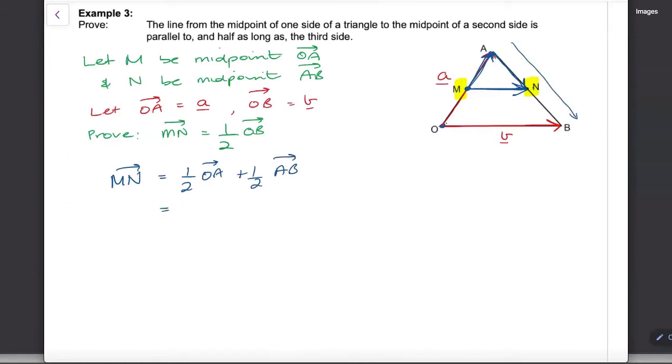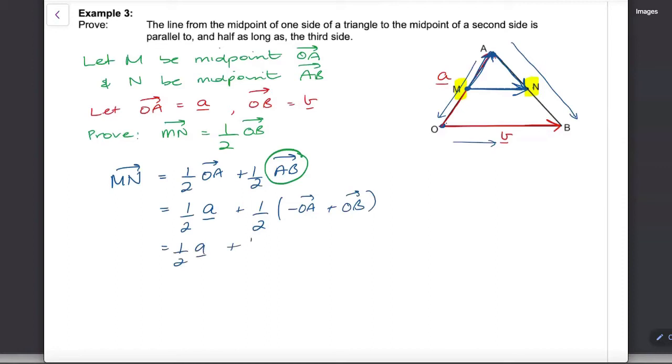So we can describe OA as vector a, so we've got half a plus a half of AB, and AB is going to be coming down from A to B as negative OA plus OB. So that's going to be negative vector a plus vector b.